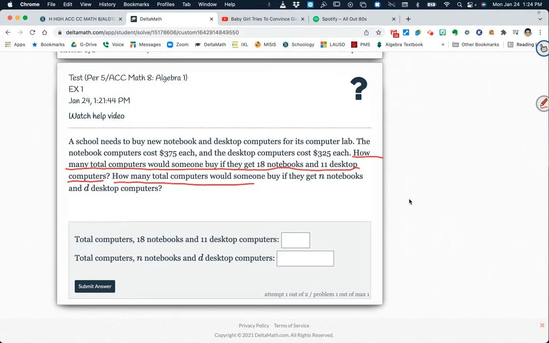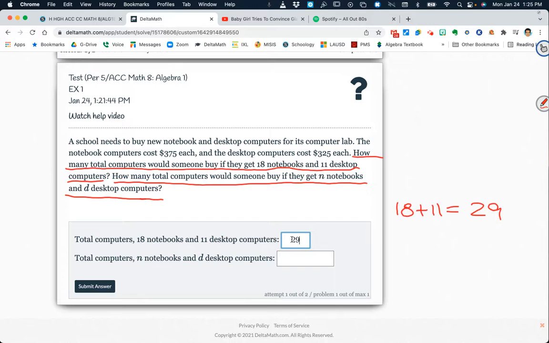And then here as well, they're asking us how many. So first it says total computers, 18 notebooks and 11 desktops. How would we get that? If we want to get the total, add them. Yeah, 18 plus 11. So we're looking at 29.